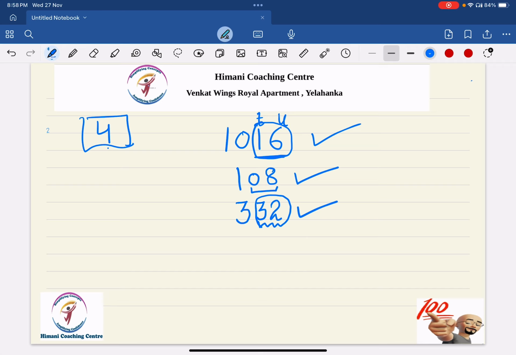Another rule is if the last two digits are both zeros, then also the number is divisible by 4. Let us say I have a number which is 500. So what are the last two digits? 0, 0. Is it divisible by 4? Yes.